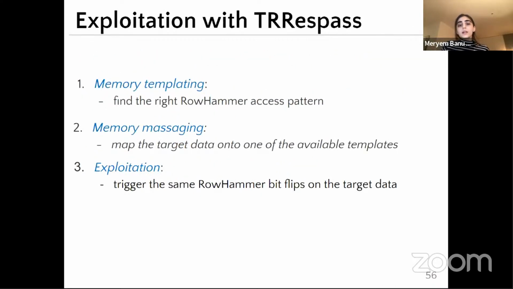Exploitation with TRRespass resembles a normal attack, with a minor difference in repeatability. The exploitation starts with memory templating, where the memory is analyzed to find the right RowHammer access pattern. Then in the second phase, which is memory massaging, the target data is mapped to the available template found in the prior phase. The last step is to exploit the pattern by triggering the same RowHammer bit flips on the target data.